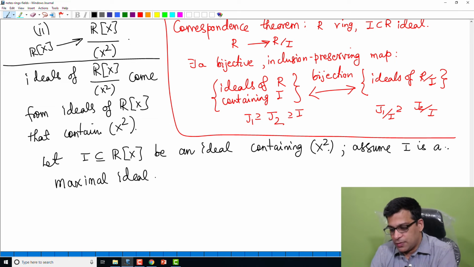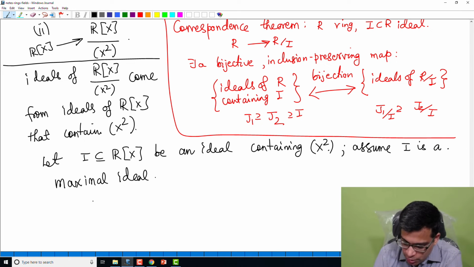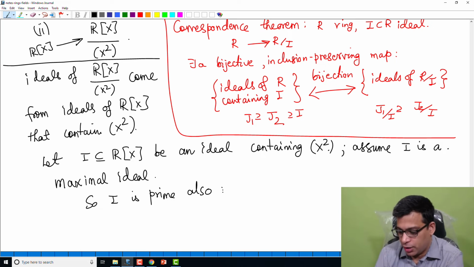So if I is a maximal ideal containing x squared, I is in fact prime also, right? A maximal ideal is prime. This we have shown earlier.